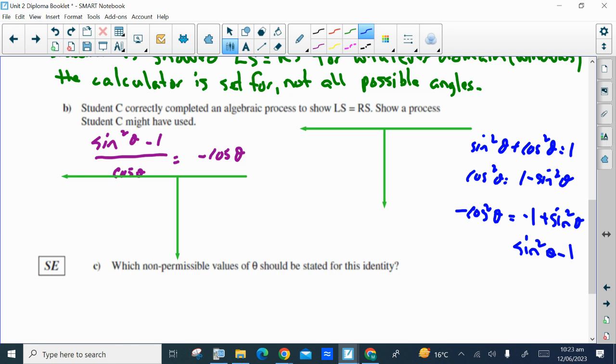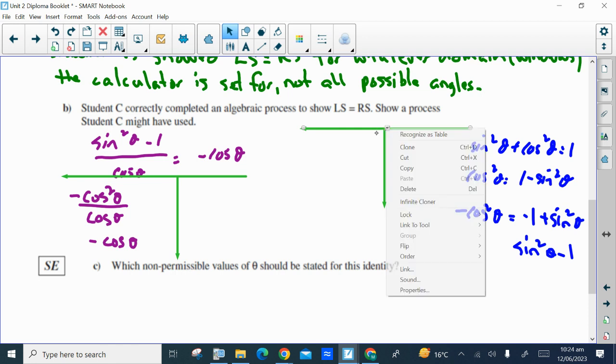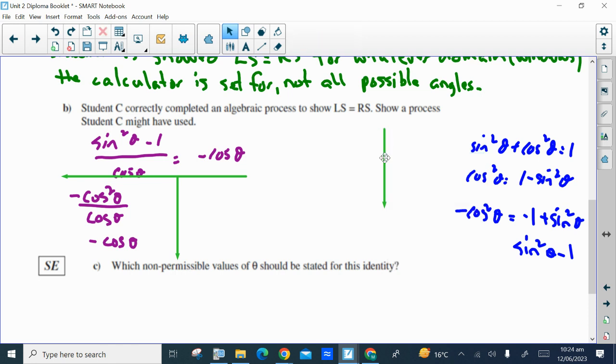So sine squared theta minus 1 is the same as negative cos squared theta over cos theta, which is negative cos theta. We didn't even need the other part. It's actually done in two very straightforward steps.